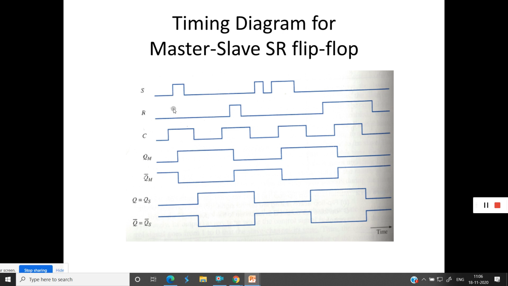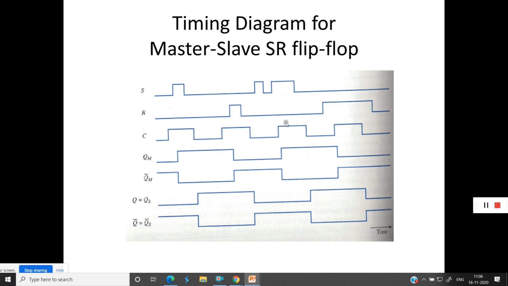Whenever S is 1, R is 0, clock is 1, it will set the master, QM and QM bar. Next, whenever clock is 1 here, R becomes 1, S is 0, so it will reset.